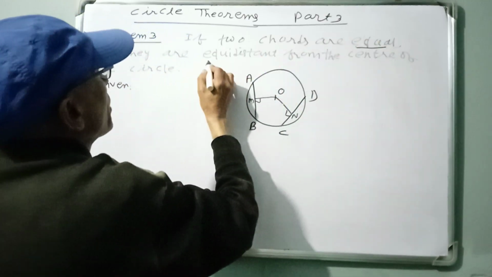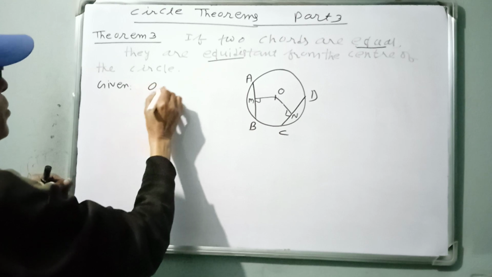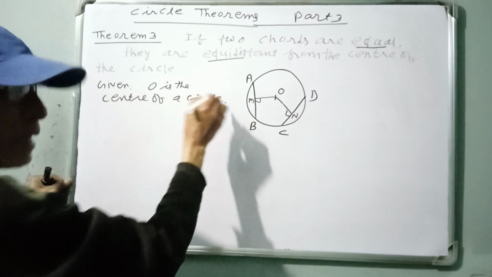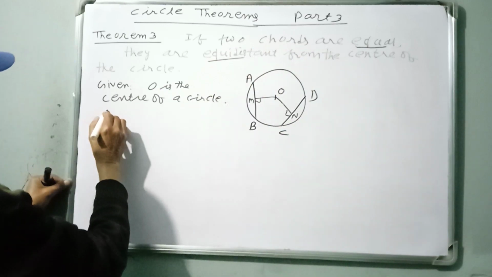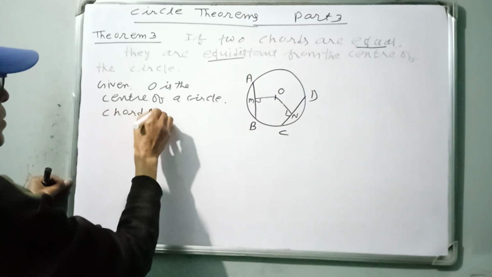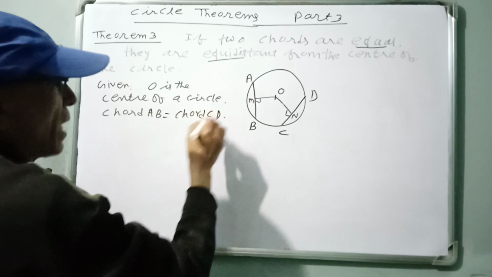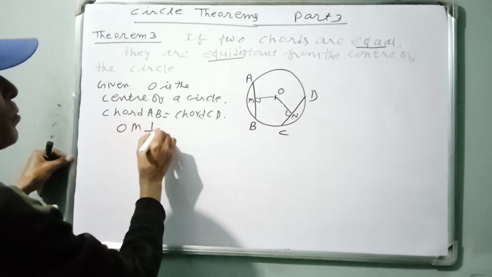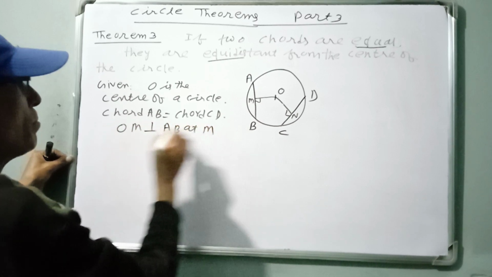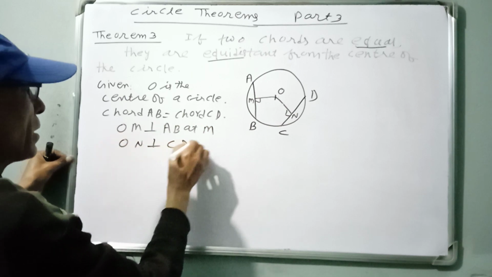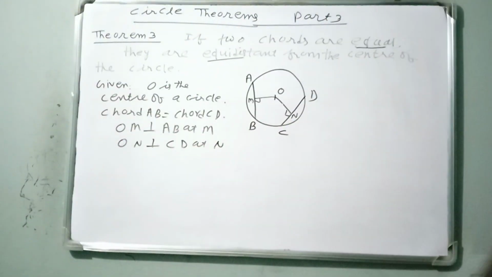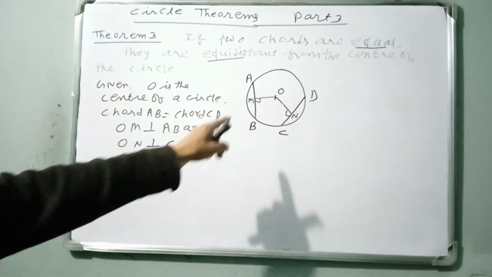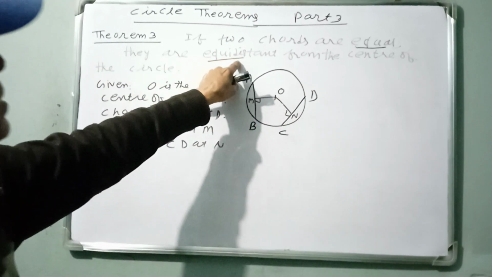Given: O is the center of a circle, chord AB equals chord CD, and equidistant means OM is perpendicular to AB at M and ON is perpendicular to CD at N. Here distance भनेको दूरी.